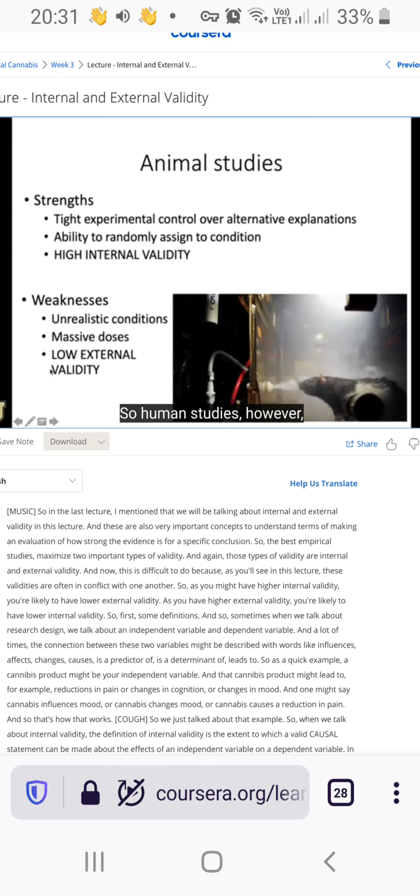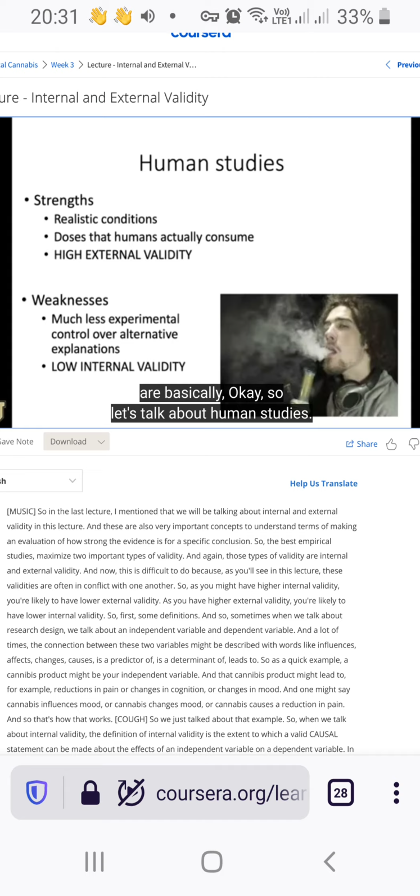So human studies, however, are basically, okay, so let's talk about human studies. So the strengths to human studies are realistic conditions, using doses that humans actually consume as opposed to animal studies.